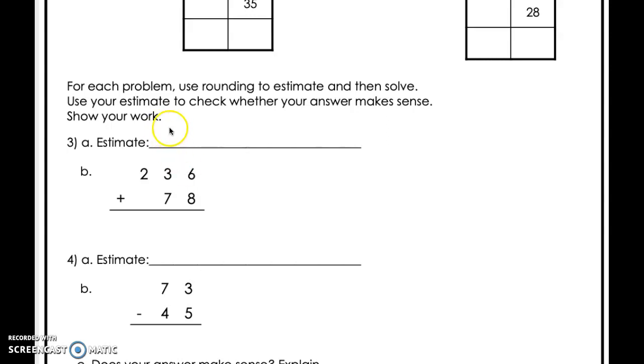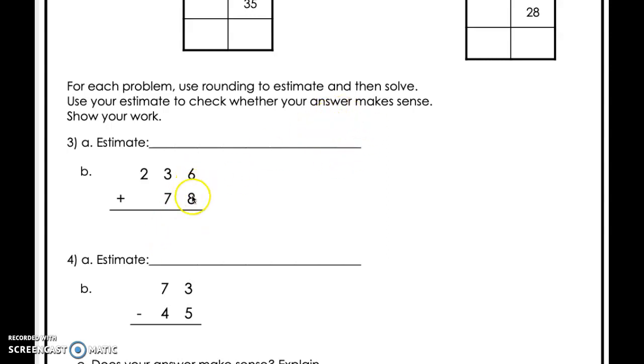So I would write 240 up here. Plus 78 is closer to 80. So I would write 240 plus 80, and you would add those together, and that would be 320.